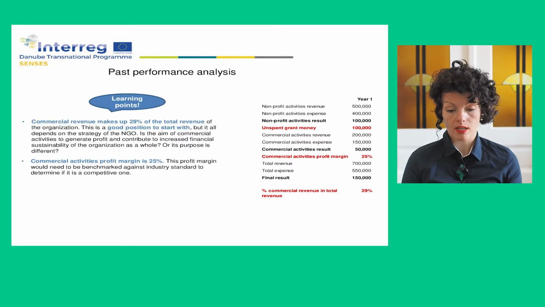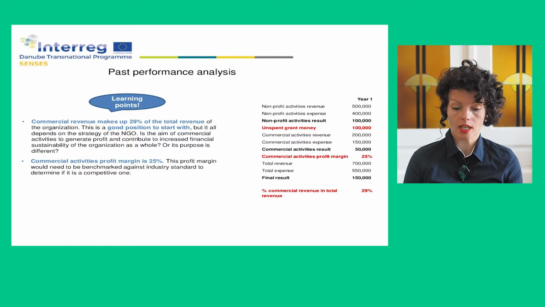Commercial revenue makes up 29% of total revenue of the organization. This is a good position to start with, but it all depends on the strategy of the NGO. Is the aim of commercial activities to generate profit and contribute to increase financial sustainability of the organization as a whole, or is its purpose different?